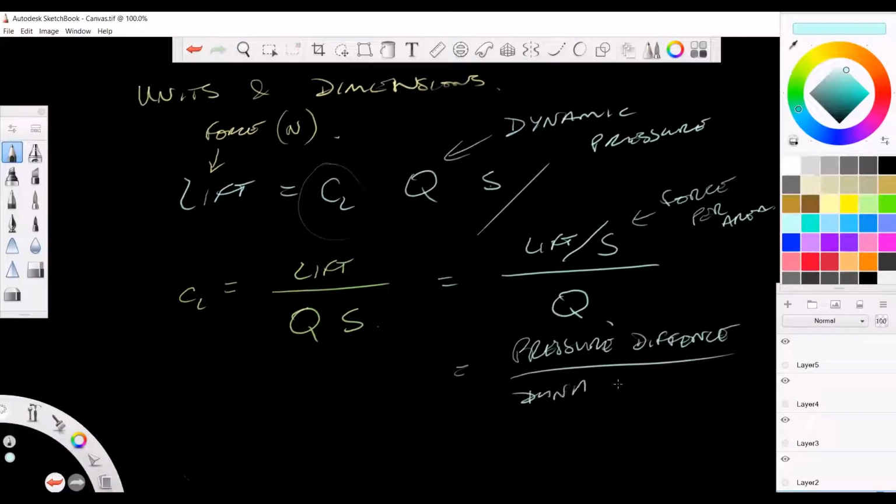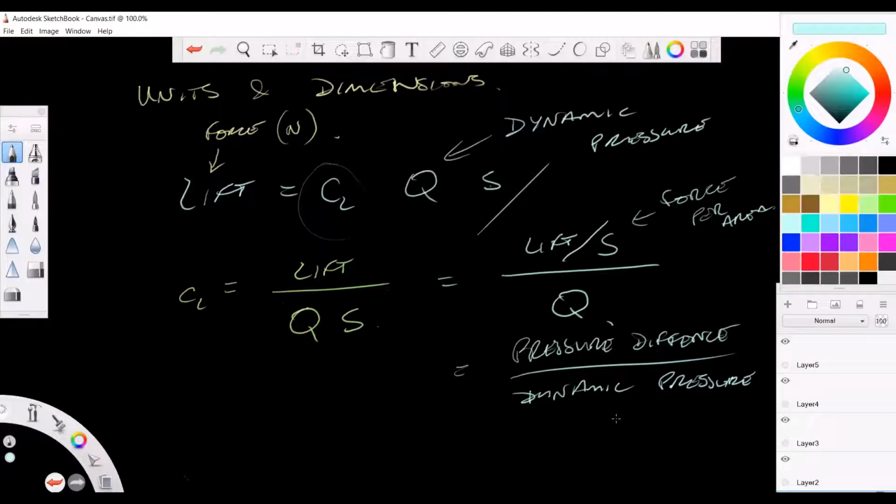And this is actually a fact you're supposed to know, although it's not usually taught. I think it might come up soon in the exams, because they're filling in a lot of learning objectives at the moment that have never been asked before. And one of the learning objectives is you're supposed to know what coefficient of lift is. And it's the ratio of pressure difference produced on the wing to dynamic pressure.